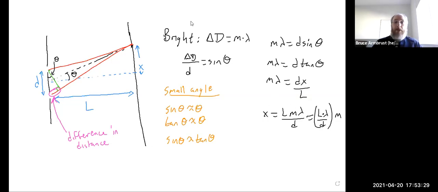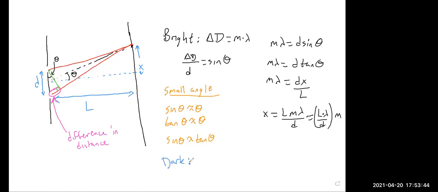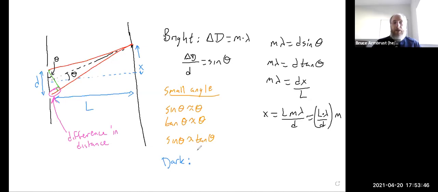Now, if we want to do dark spots, what changes? What do I have to change in this if I want to look for dark spots? Theta? So the theta will change. But think about what has to happen to get a dark spot. What has to be true about the two waves that come together there?